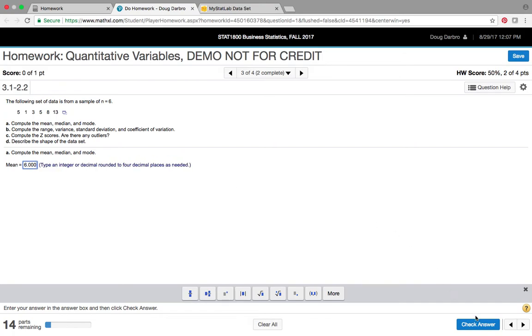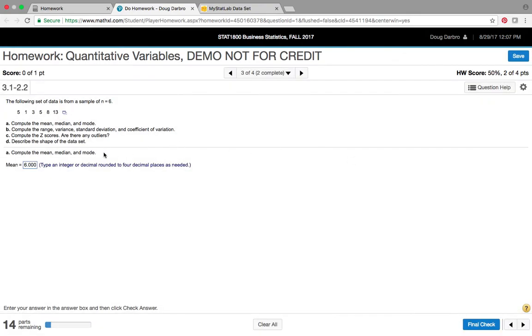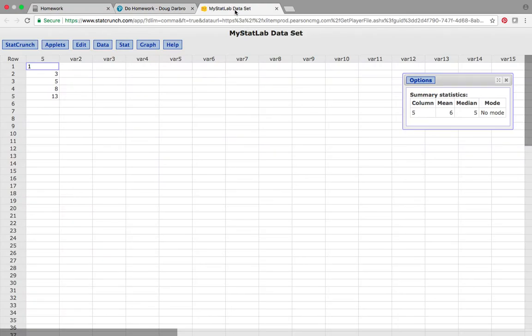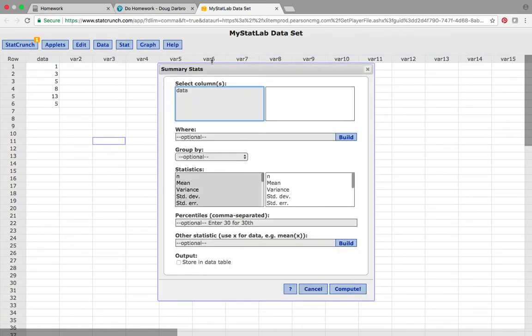Is it getting me on a technicality here? All right, what's going on here? This is interesting. Oh, I see what happened. It didn't include the 5. It named the variable as 5. So, guys, I need to come and put the 5 in there, and then rename this as data or something. Wow, that was tricky. I don't like that at all. All right, whatever. If they want to be tricky, we'll figure them out.